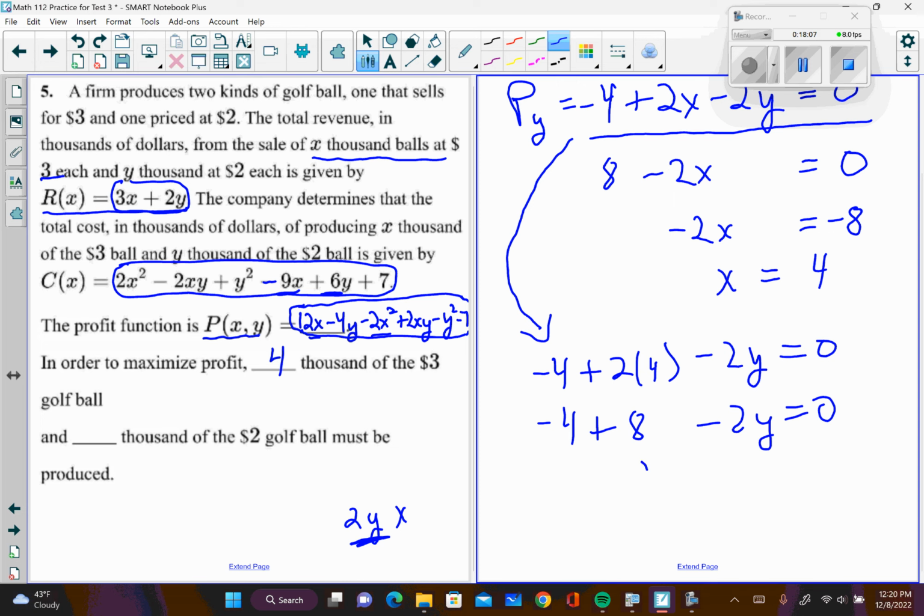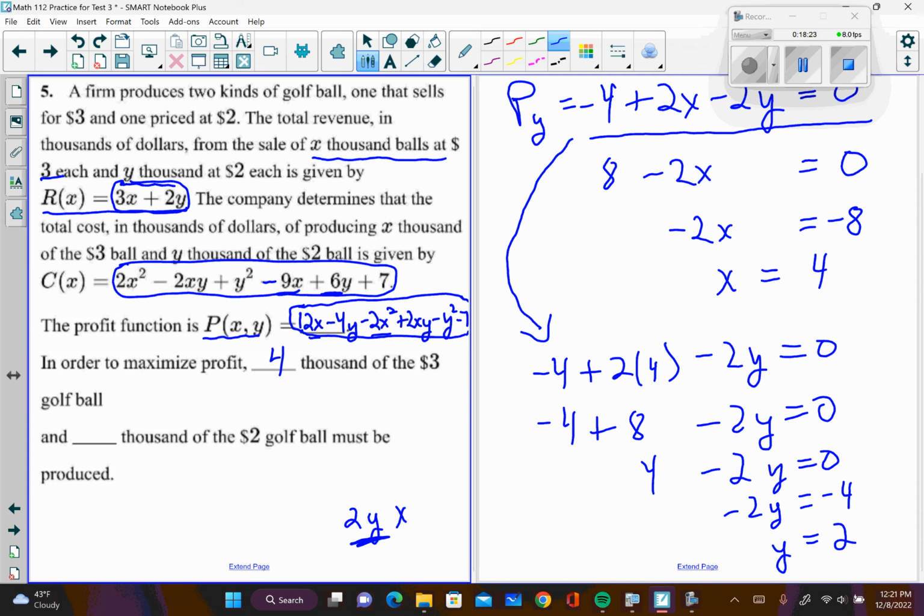Negative 4 plus 8 is 4. So we have 4 minus 2y equals 0. Subtract 4 from both sides. Divide both sides by negative 2. Negative 4 divided by negative 2 is positive 2. So y equals 2. That means 2,000 at $2 each.